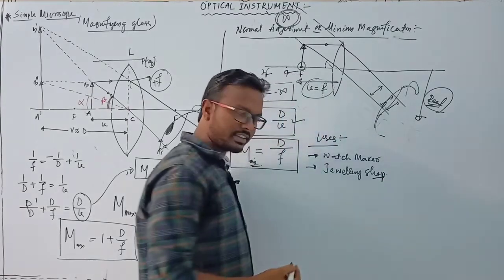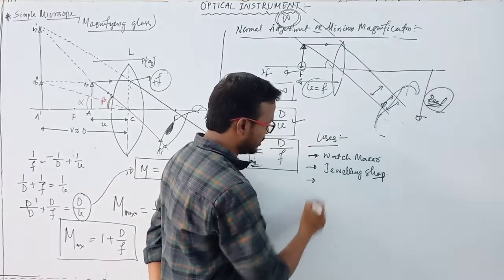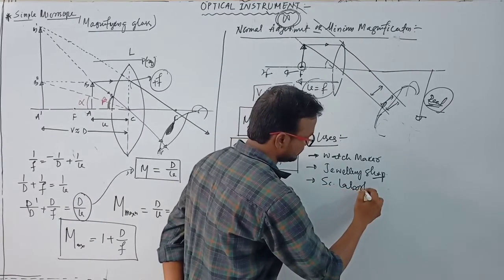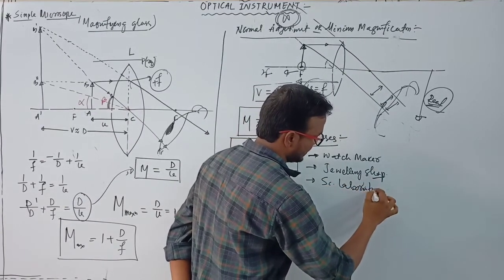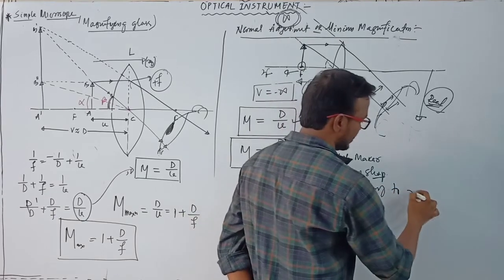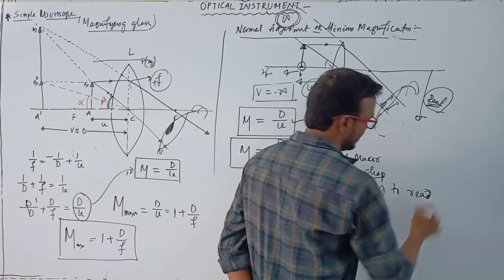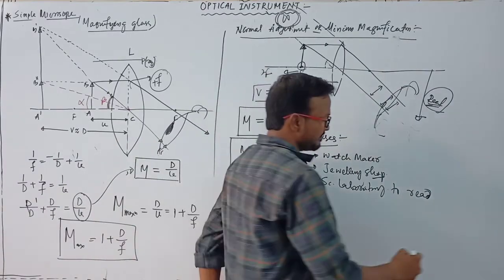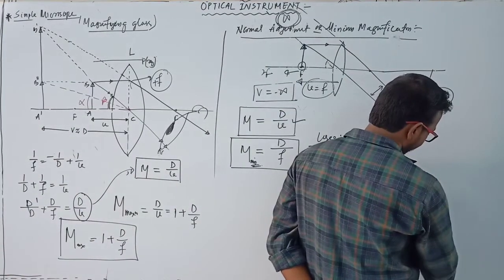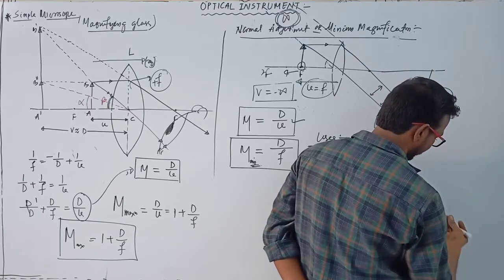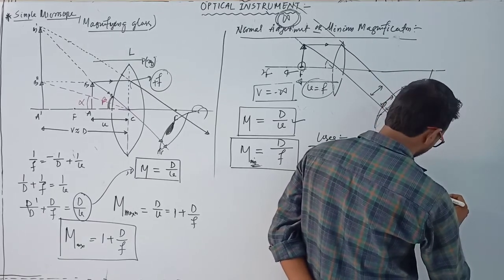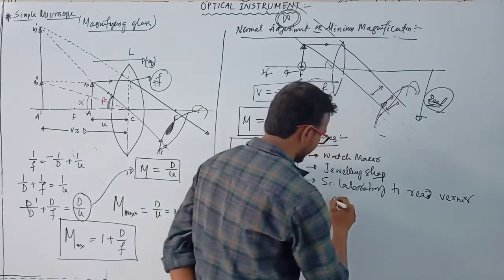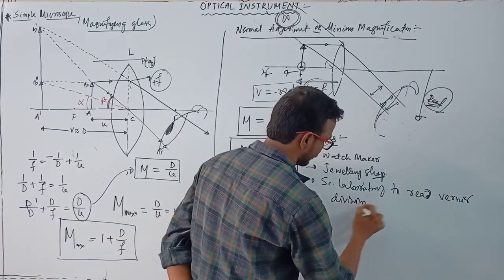To see a clear image. And next, it is used in the science laboratory to read, basically in the physics lab also, the Vernier division, clear.